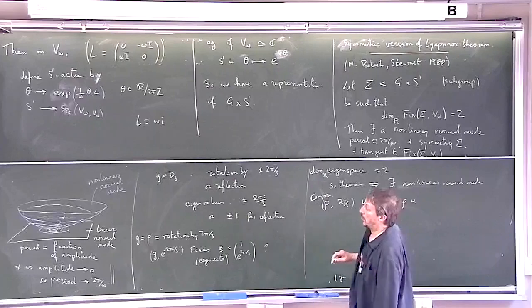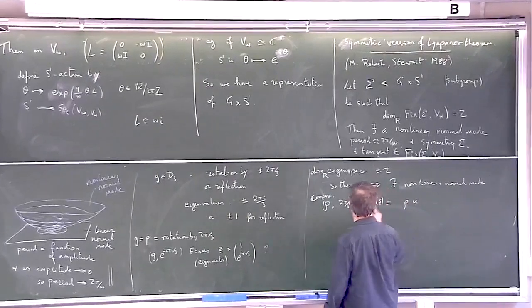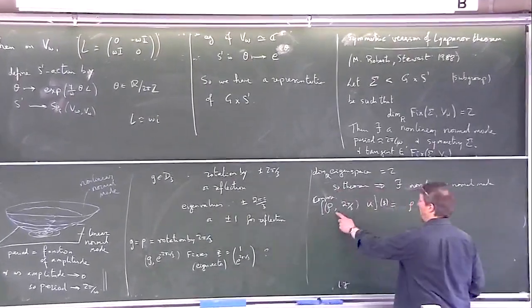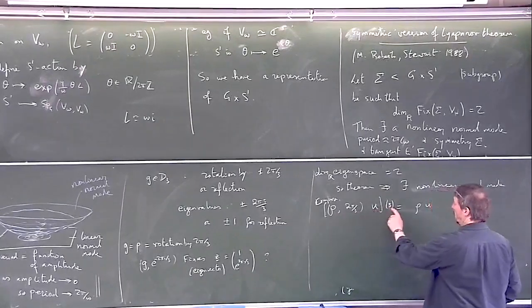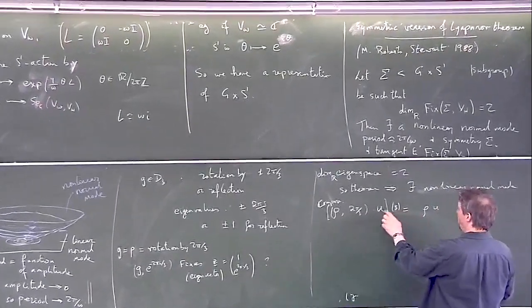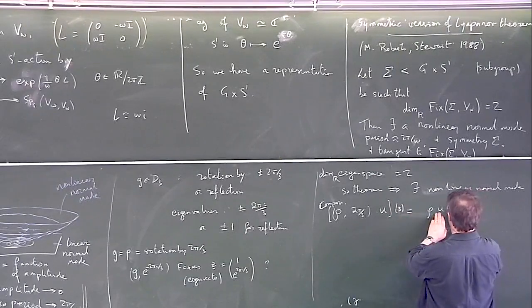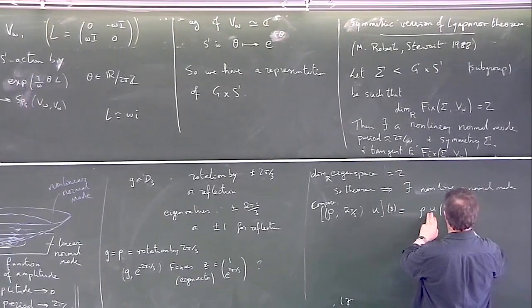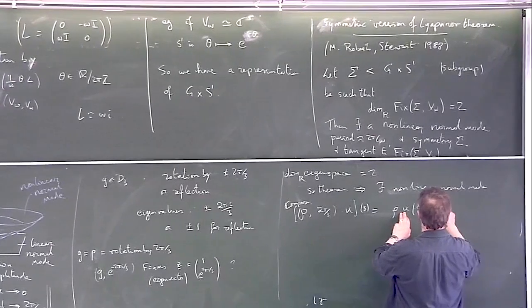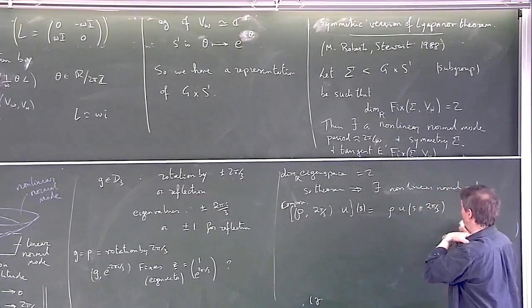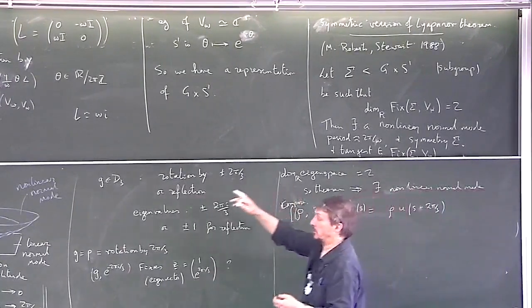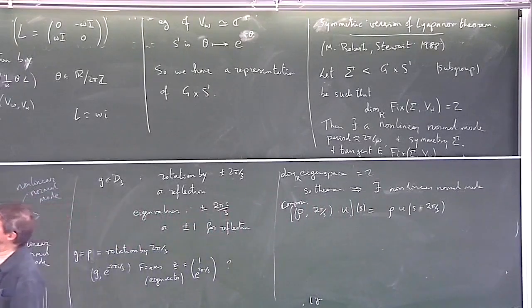What was u's argument s? So how does a group element act on u? It takes s. This is a function of s, and it is u of s with the translation minus 2 pi over 3. So in the proof, you have to identify critical points with periodic solutions.